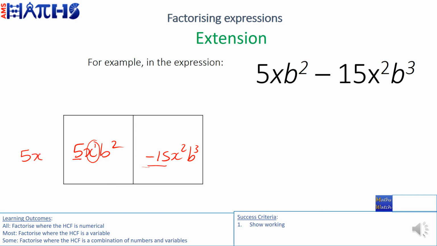Then b is also common. We have b squared, b cubed, and so we'll have to choose the smaller of the two, and that will be b squared.